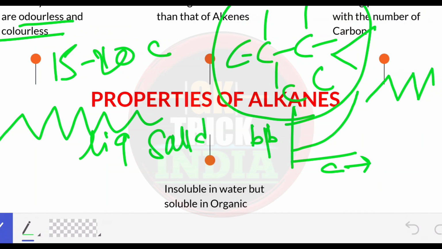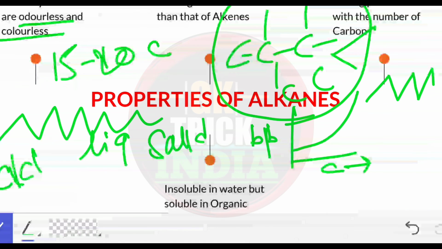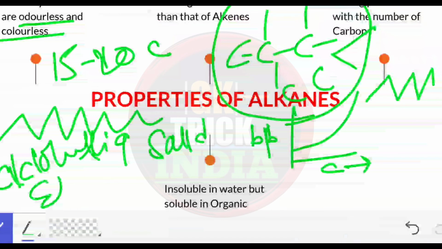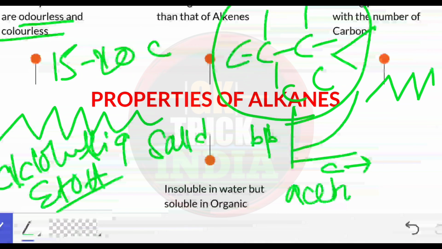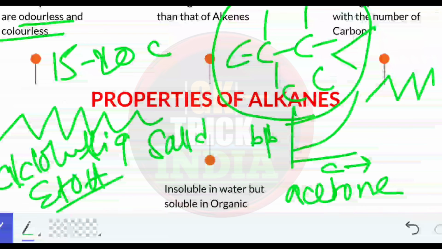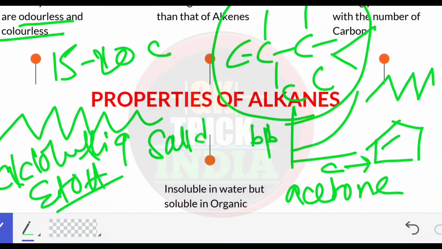Organic solvents are generally alcohols, like EtOH, ethanol, acetone, or benzene. These are the organic solvents that you might find in a chemistry lab, that people use for dissolving many other substances. So here you might find ease in dissolving these alkenes in organic solvents.